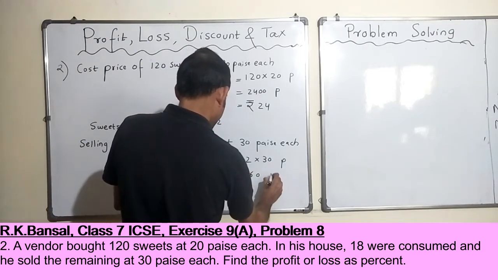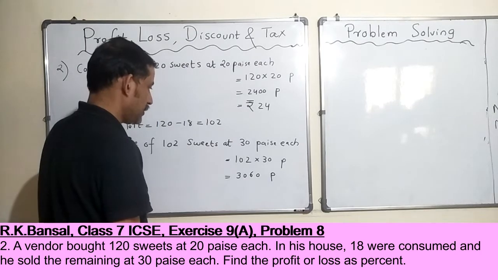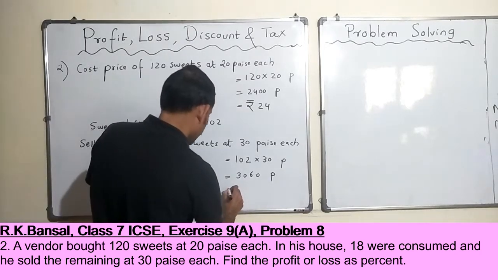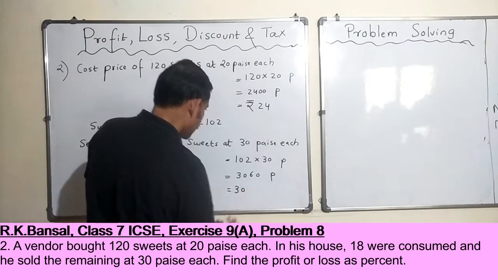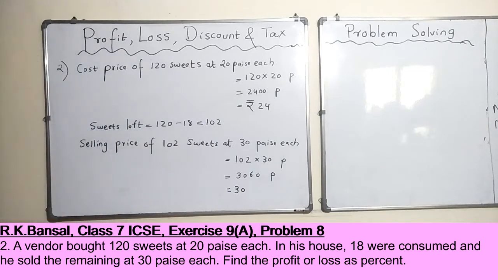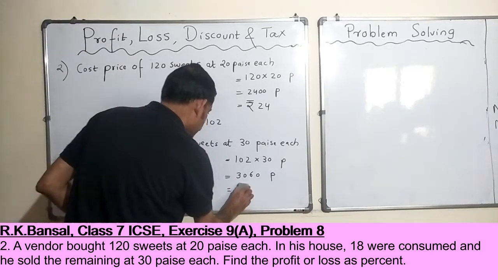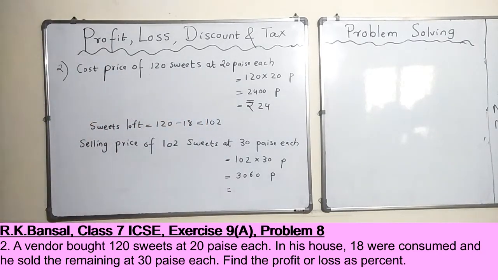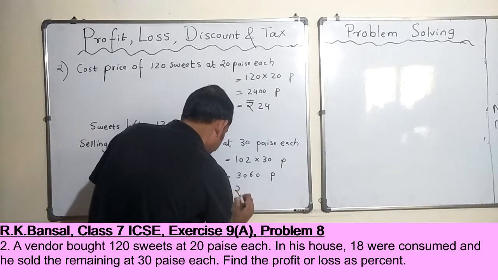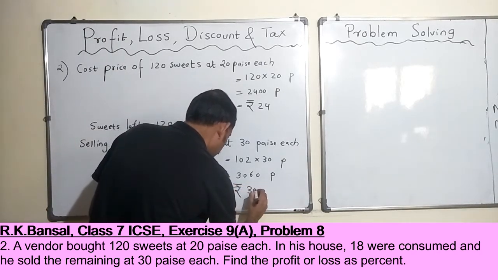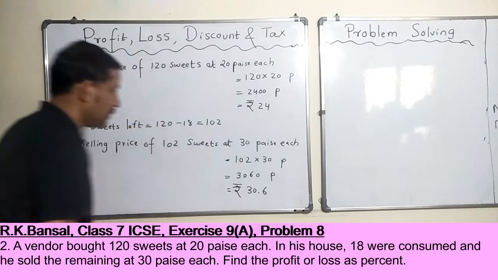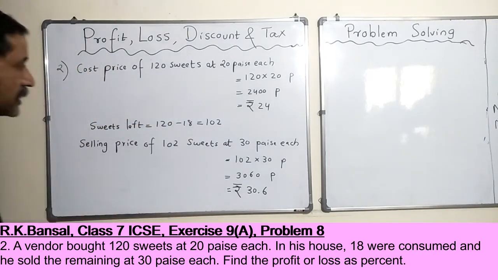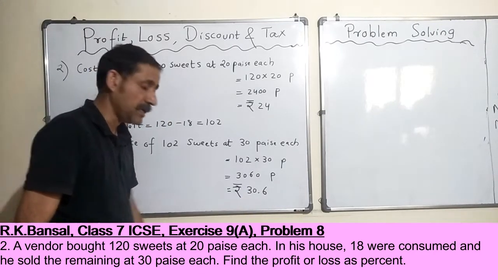3060 paise. Okay, is it correct? 3060 paise is equal to 30 rupees 30.6, that is 30 rupees 60 paise. Okay, 30.6, is that right? So 30.6 is the final selling price.